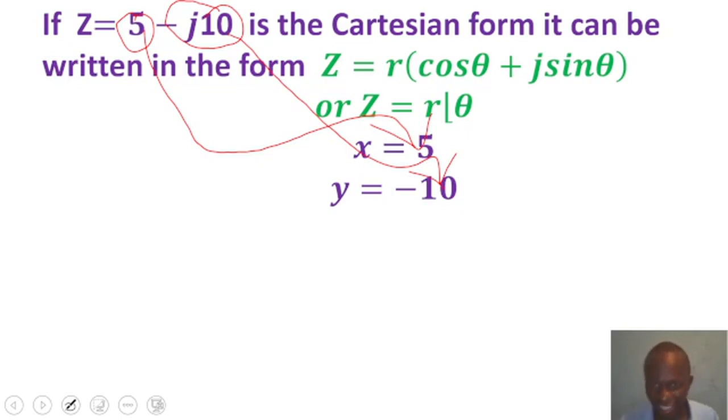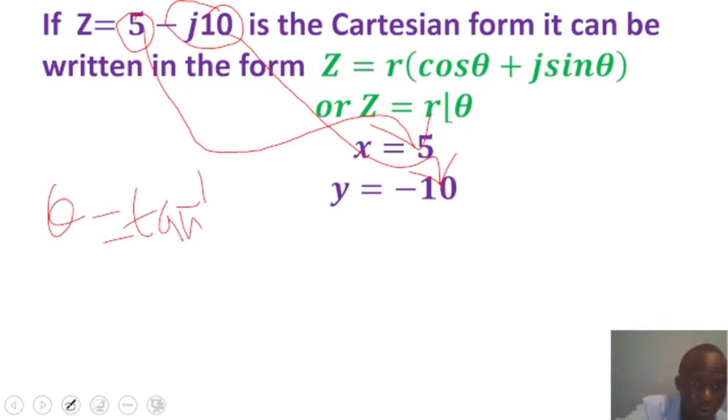So y is negative 10, not 10, negative 10. So that is what we have identified. Now we can use the formulas for theta that we have looked at before. Theta is tan inverse of y over x.